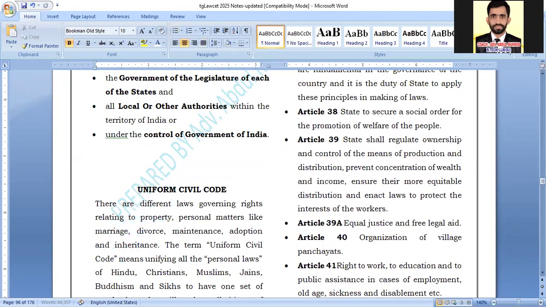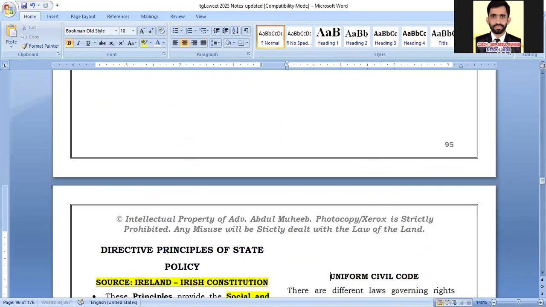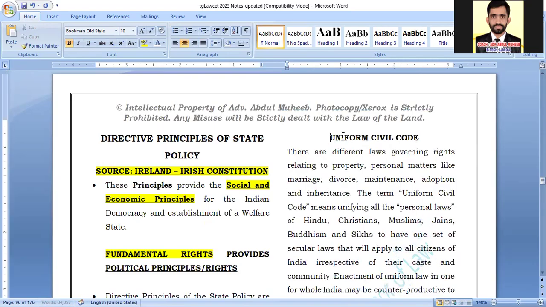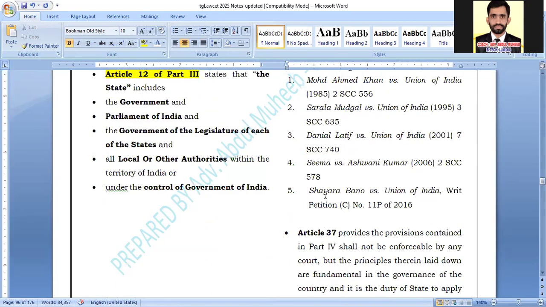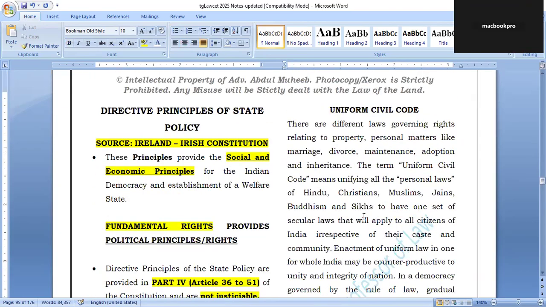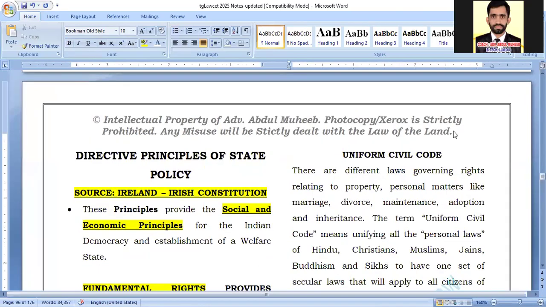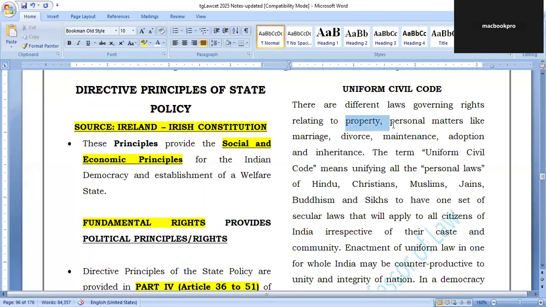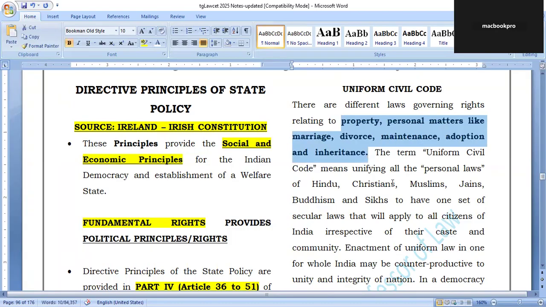Now, there is a very, very important topic called Uniform Civil Code. A question from this is sure in the exam, so please read. There are different laws governing rights relating to property and personal matters like marriage, divorce, maintenance, adoption, and inheritance.